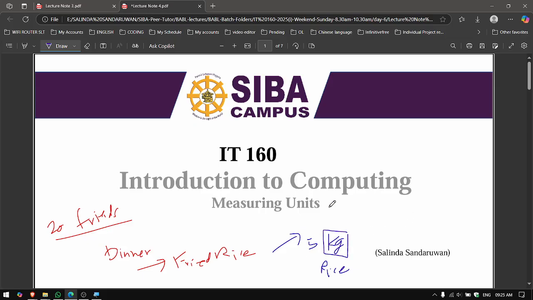Another example. You are going to prepare a birthday cake. You should be able to cut 25 pieces from this. So I think 2 kilograms of cake is enough. But to make 2 kilograms of cake, you should measure.